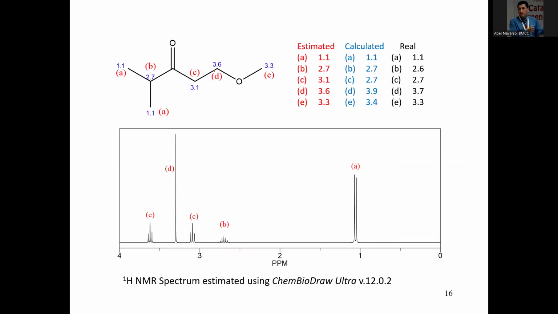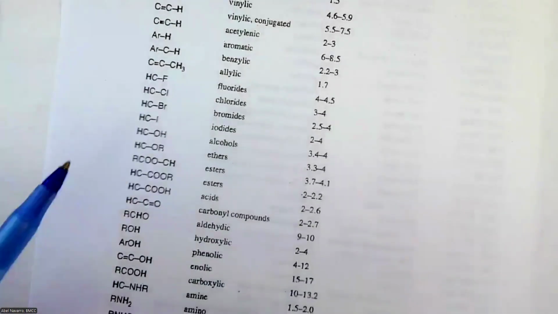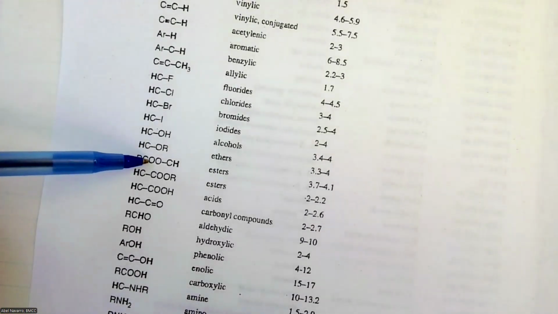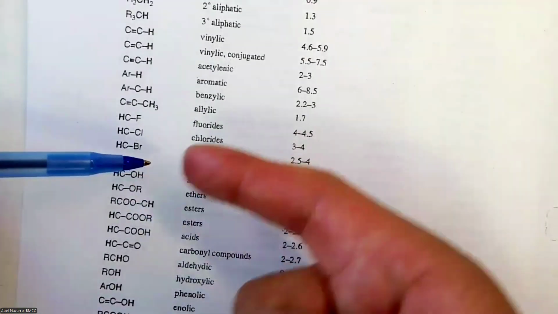Estimated, calculated, real, aromatic hydrogens that are special, right? Because you might say, why aromatic, why this type of hydrogens? Where's my reference table? If you look at the reference table, you would say, yeah, I understand that being next to an oxygen, being next to a nitrogen or a halogen will push your signal more downfield, right?